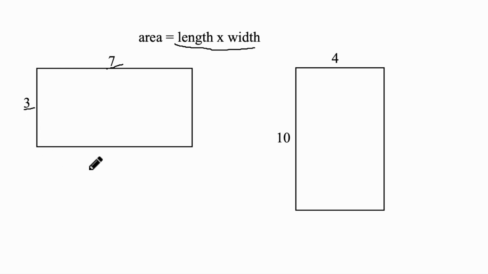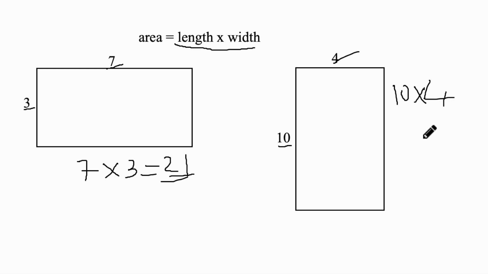So if we have to do this question, we just simply do 7 times 3, okay, which equals 21. And in this question, the length is 10 and the width is 4, so all you need to do is 10 times 4, which gives you 40.